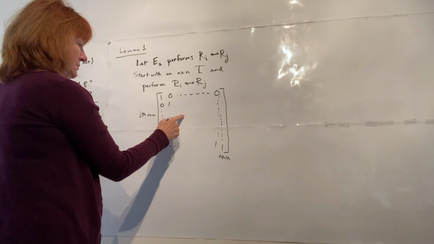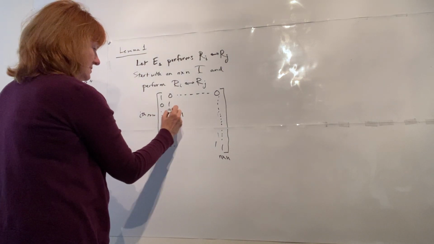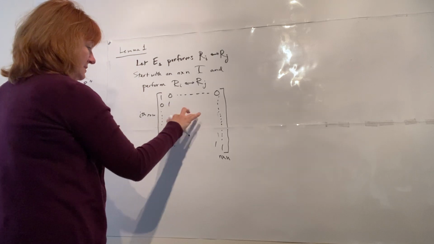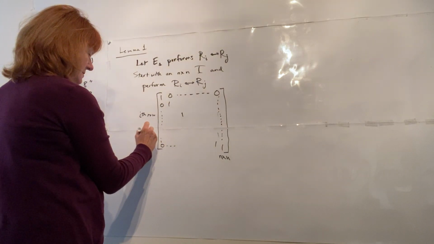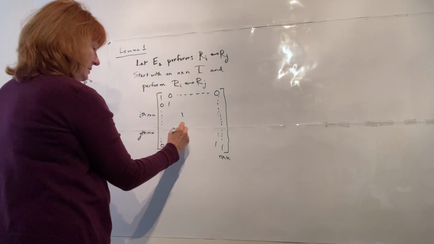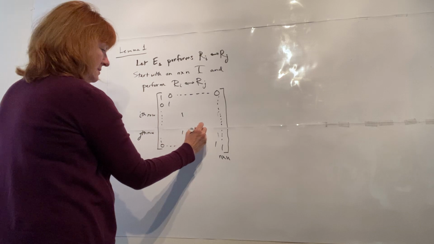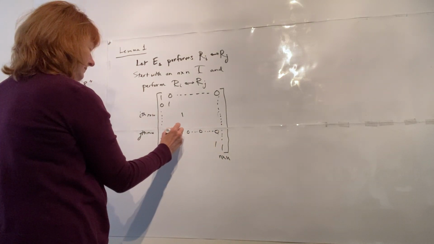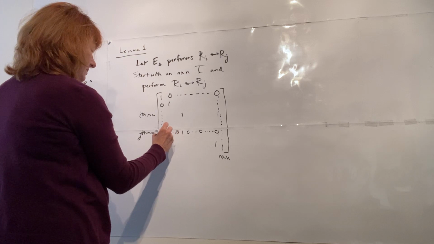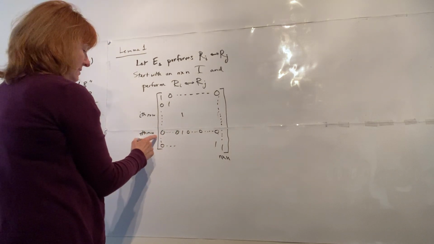But we are going to switch that row, which looks like this, a bunch of zeros elsewhere. Right, we're going to switch that down into the jth row place. Okay, so I'm going to put that right there, and a bunch of zeros elsewhere. So it's now sitting in the jth row.